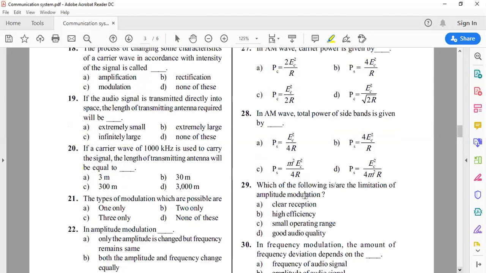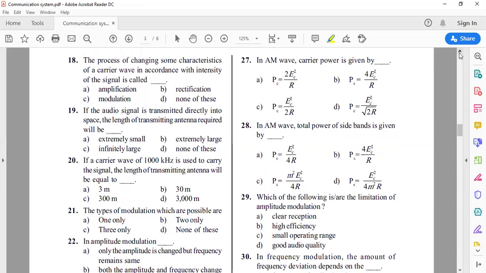Next, we'll see question number 18. The process of changing some characteristics of carrier waves in accordance with the intensity of the signal is called as. This question is related to modulation as well as demodulation.